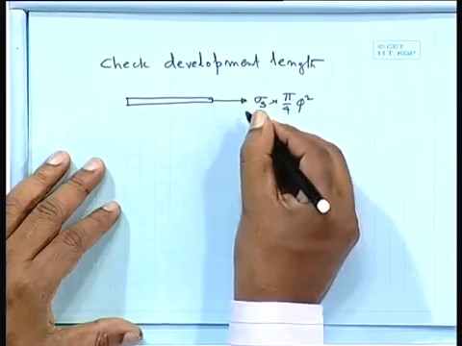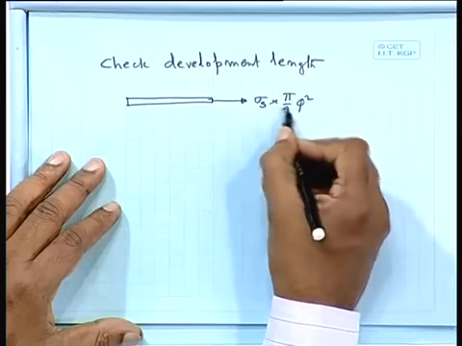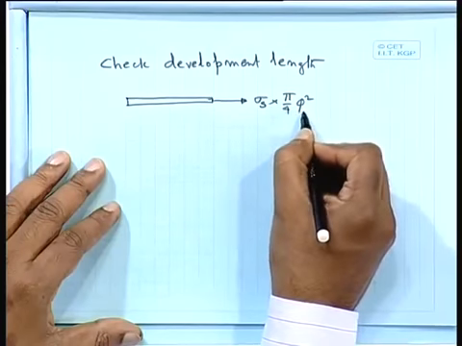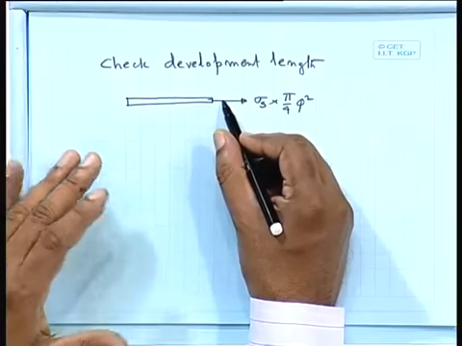So sigma s is the permissible stress, say for pulling, times pi by 4 phi square. So that is the force that is developed, the force that is permissible.